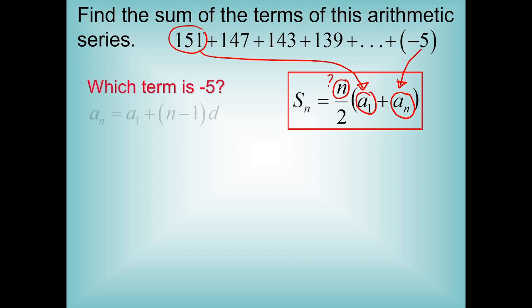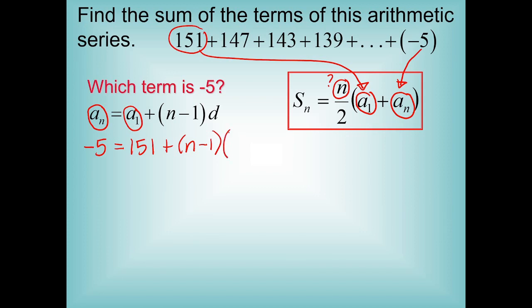And we will be using this formula over here, the arithmetic sequence formula. Okay, what is the value of a sub n again in our given? Negative 5. What is the value of the first term? 151 plus n minus 1 because we're looking for n times the common difference.